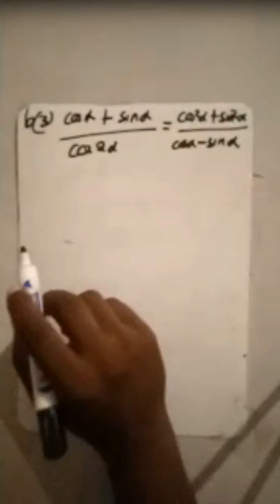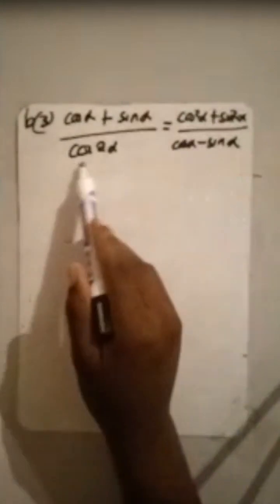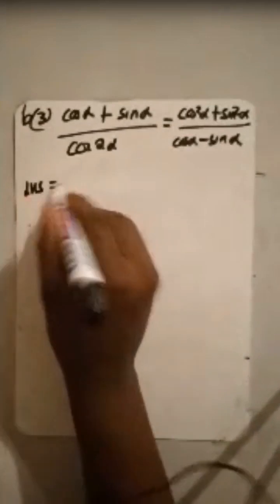Then from there, we can check what we can do. The right-hand side is equally complicated to the left-hand side. I love the left-hand side because it has cos 2 alpha, so I'm going to choose the left-hand side, which is cos alpha plus sine alpha over cos 2 alpha.